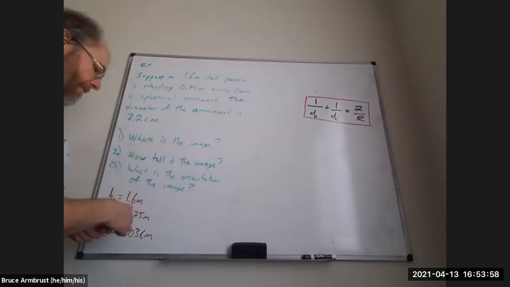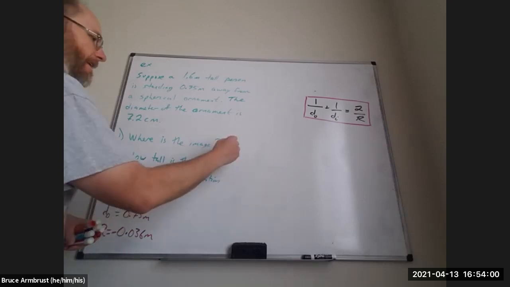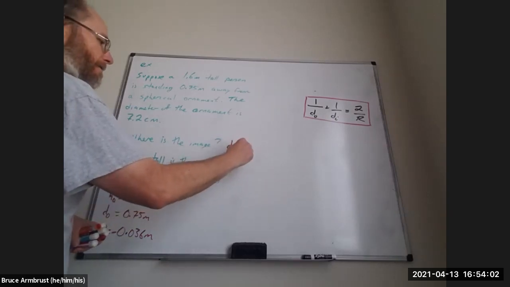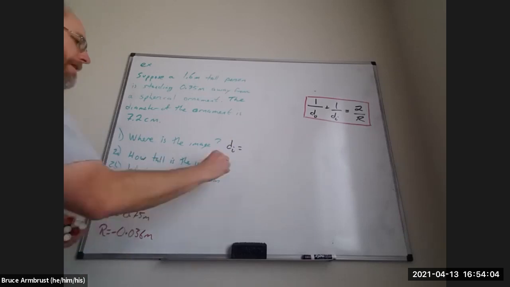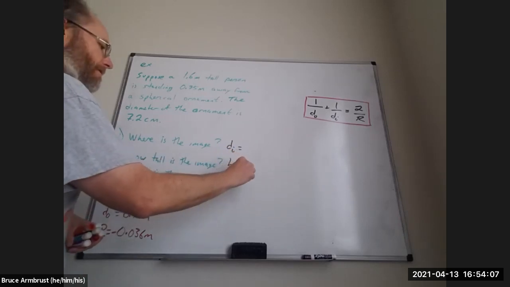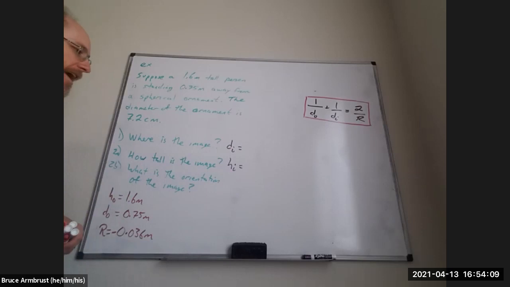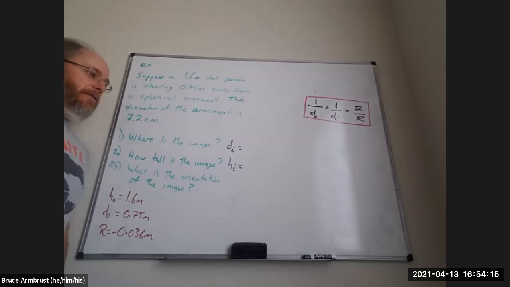All right. So now with this, let's go get what we need. So where is the image? That means we need a DI. How tall is the image? That's going to be an HI. And then the orientation, well, we'll see if we can figure that out from the information. Okay, so let's start by getting DI.